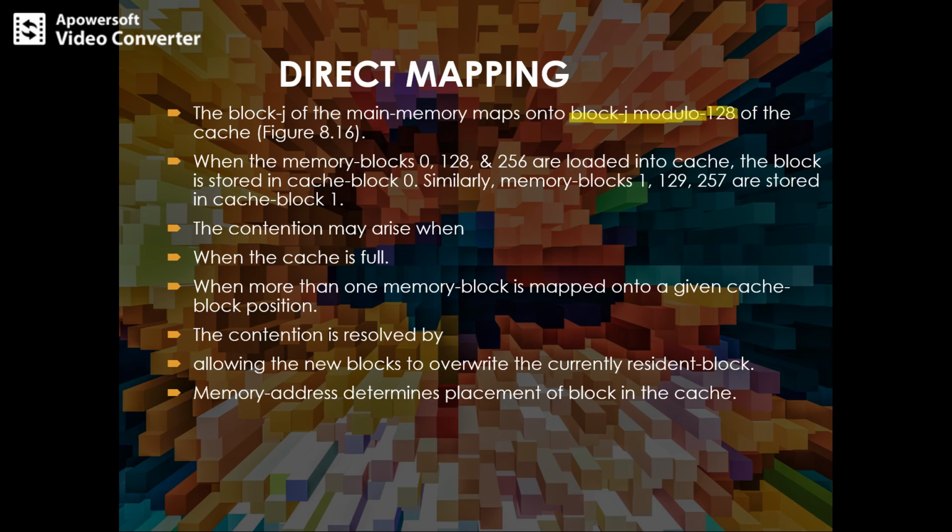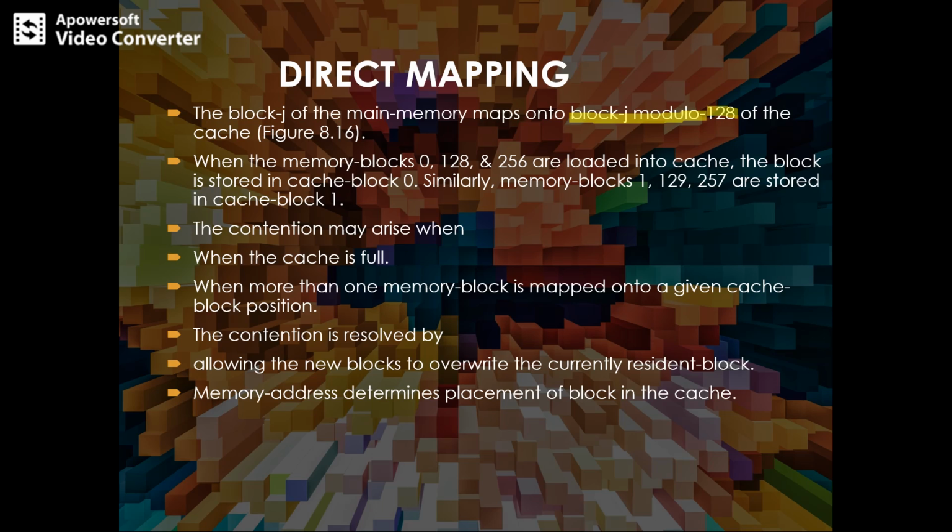So blocks 0, 128, 256 and so on from the main memory are mapped into block 0 of the cache. Similarly, memory blocks 1, 129, 257 are stored in cache block 1, since 1 modulo 128 is 1.